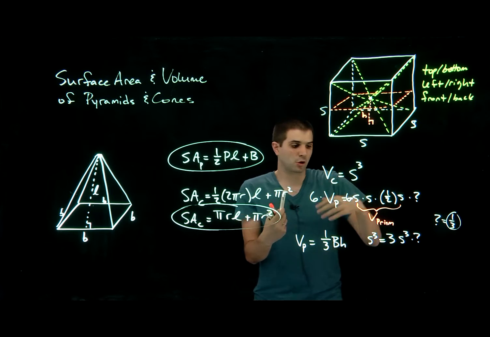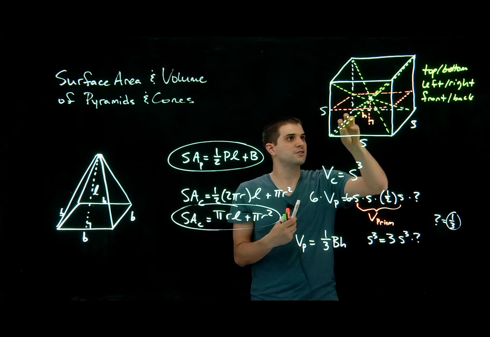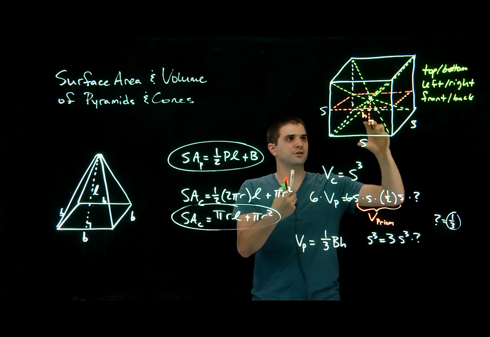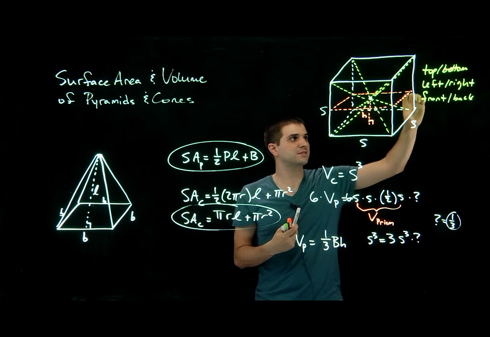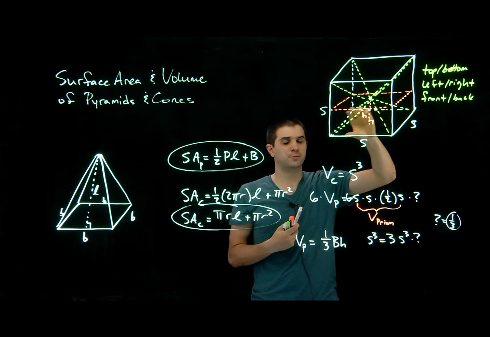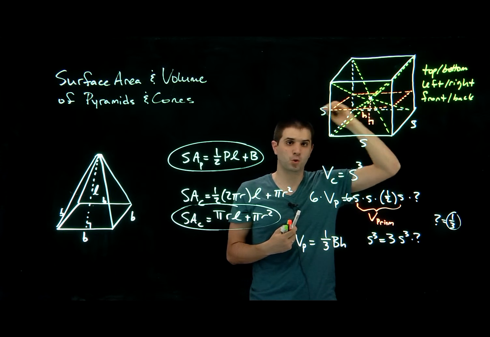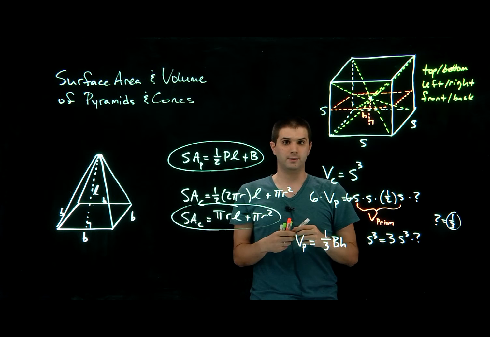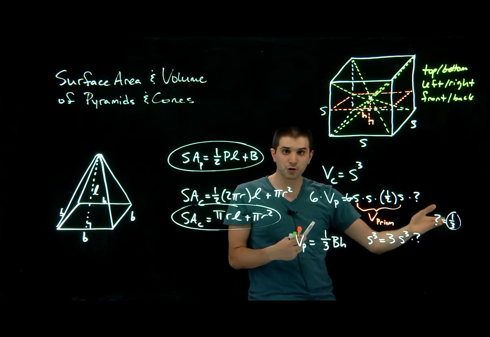Now remember, let's go back. I said some portion of this orange-topped prism equals the volume of this one pyramid, right? Well, it looks like 1/3 of that.